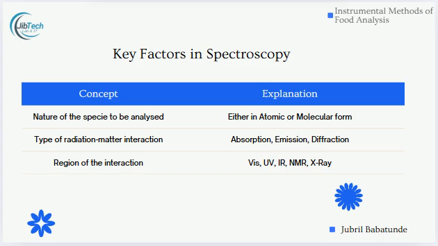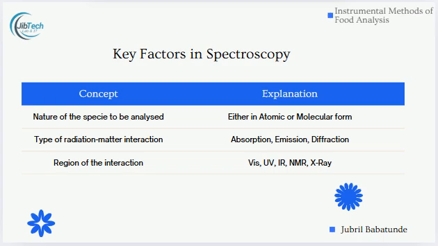While diffraction is when the light gets diffracted, like when the light bends, when the light meets with a substance, and then it bends a bit. Okay, so that's diffraction. And so all this gives information about quantifying our substances.